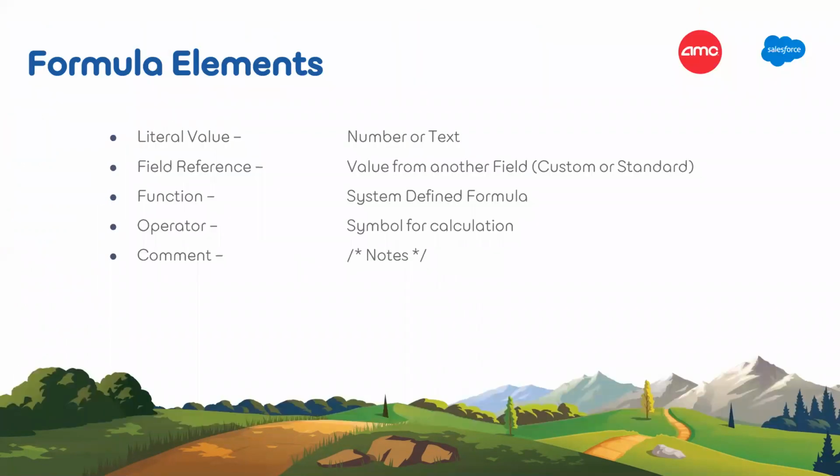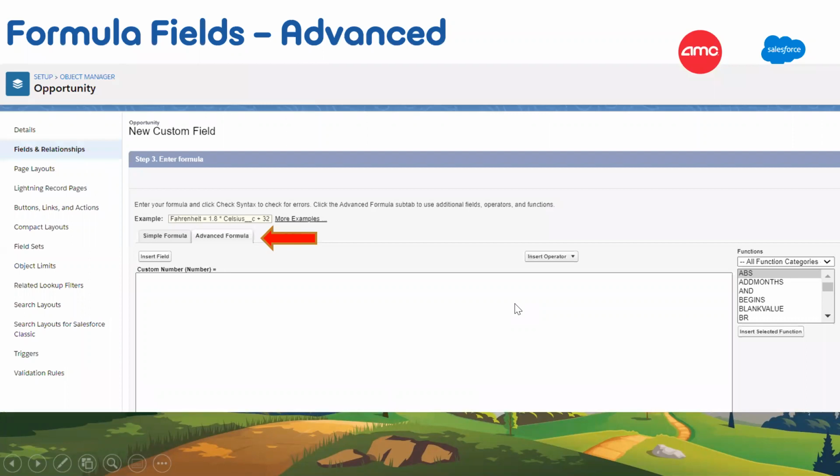Within the formula, there are 5 different types of elements. You can put in a literal value, which is just text or a number, a field reference, which is on that object or a cross object, a function, an operator, and if you want, you can add comments as well. So as you go into the advanced formula, first thing you do, you pick a field.